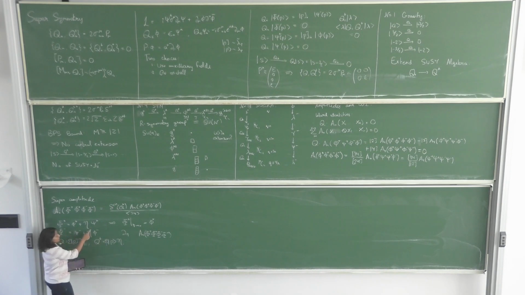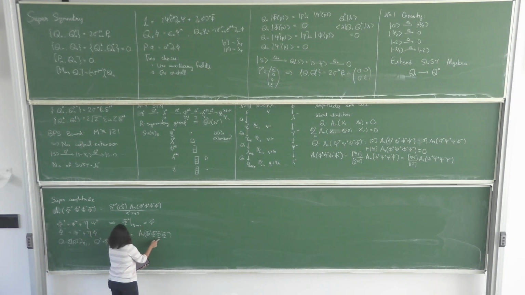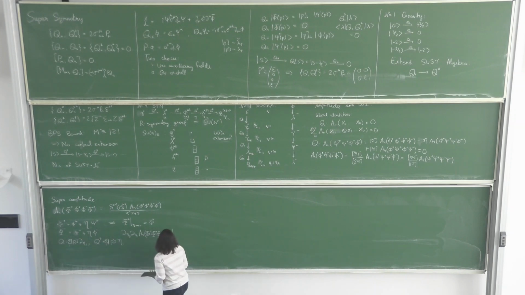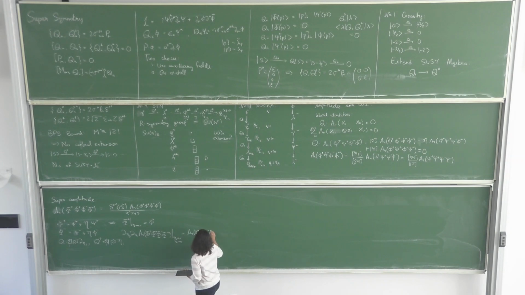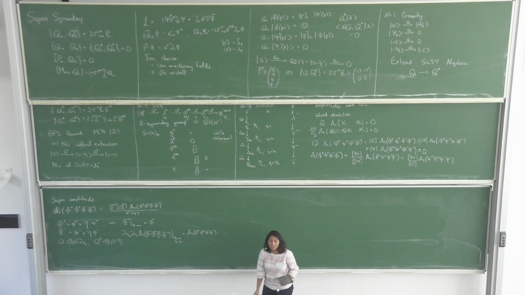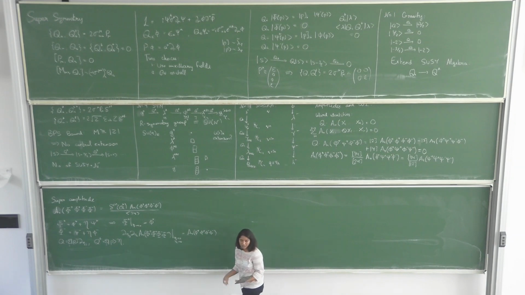So I should have said that the derivative will pull out psi plus, and just taking eta to 0 will pull out phi plus, right? So if I take the derivative on particle 3 and particle 4, and then I set eta 1 to 0 and eta 2 to 0, that is going to have to be equal to the component amplitude phi plus, phi minus, phi minus. This is how you construct projection operators for your supermultiplet.